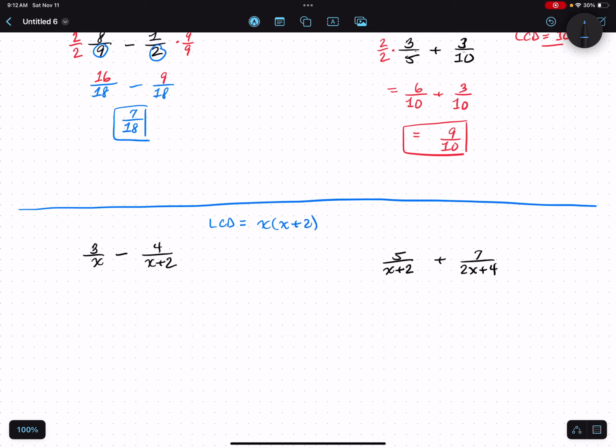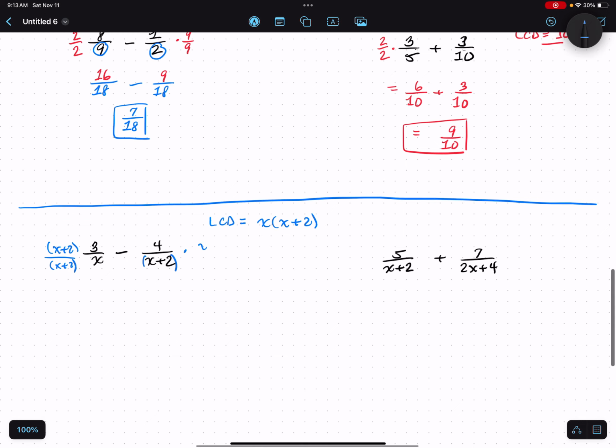So that means my fancy one for the first fraction is x plus 2 over x plus 2. And you notice I'm going to put that in parentheses because it is a larger expression that's going to get multiplied by something. And in the second fraction, I'm going to put the x plus 2 in parentheses just for emphasis. We're going to multiply by x over x because now the fractions have the same denominator.